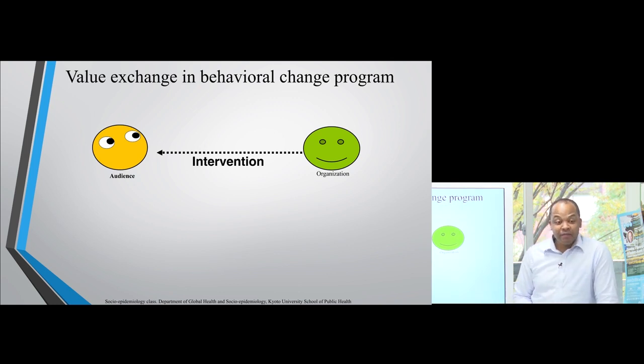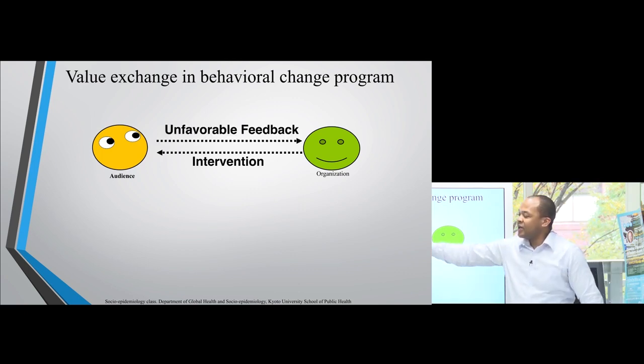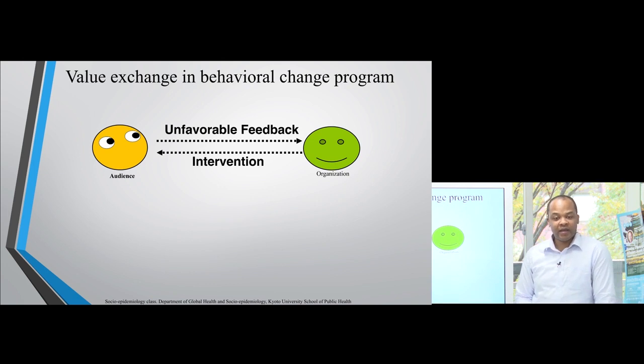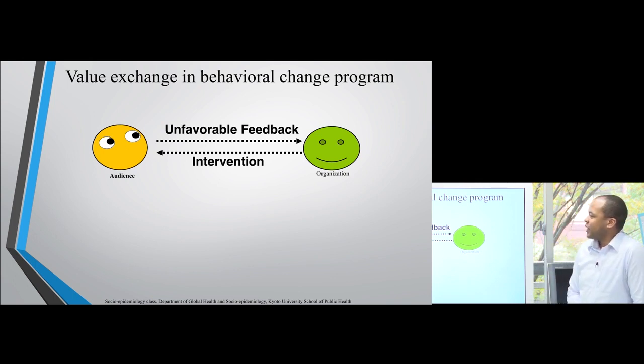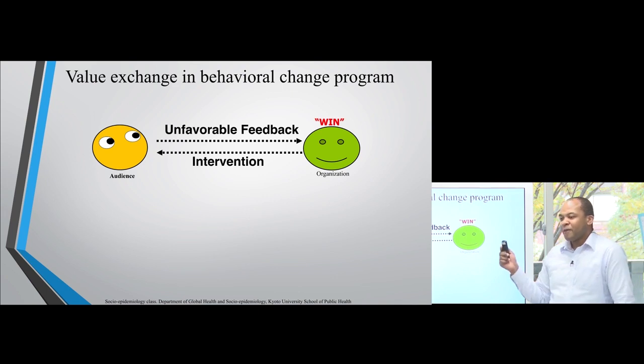And oftentimes, not always, but oftentimes, we, as public health officials or epidemiologists, receive unfavorable feedback from our target audience. Maybe because they didn't like the intervention, or maybe because they didn't think it was suited for them. So there's only one winner in this scenario.